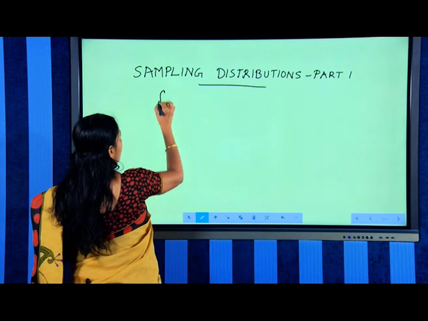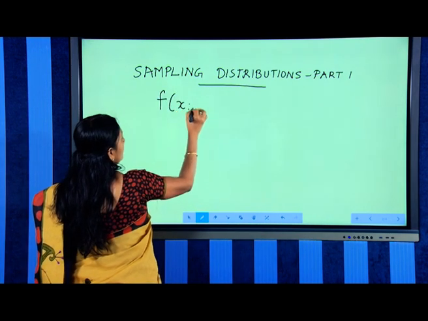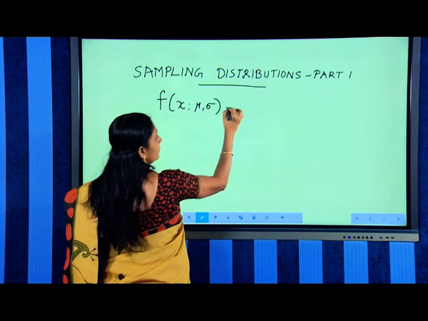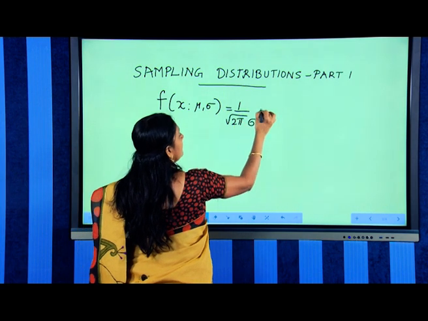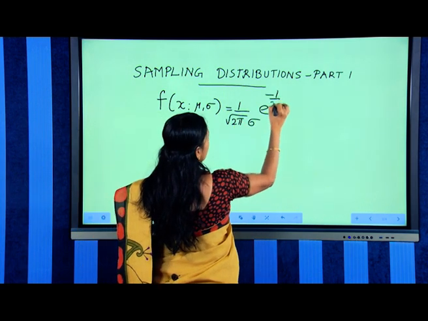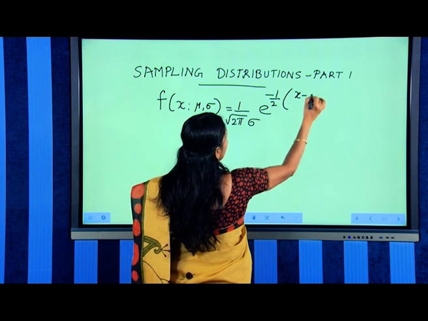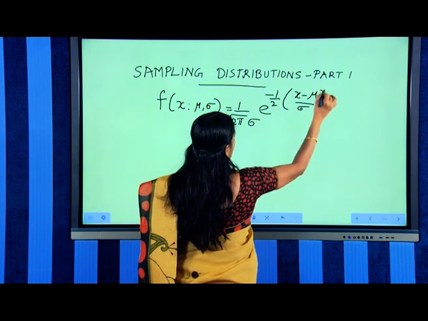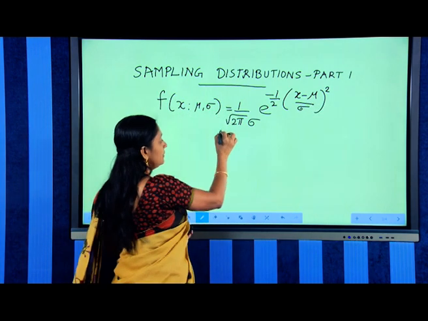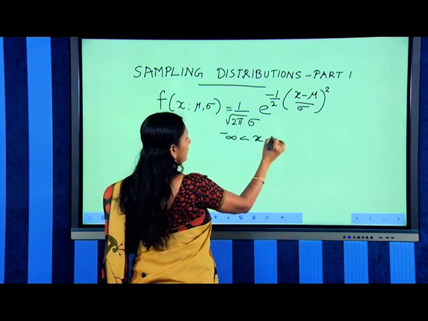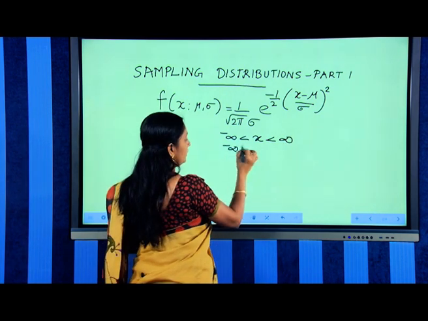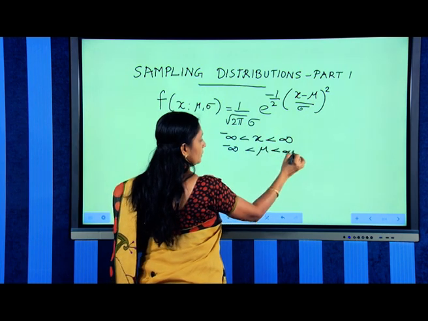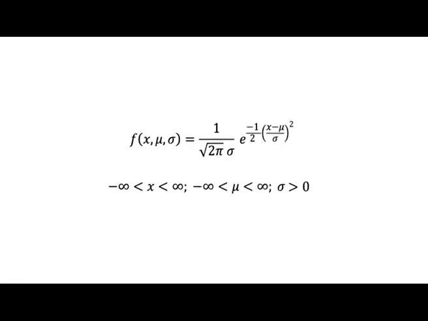It is f of x given mu, sigma is equal to 1 by root 2 pi sigma e raised to minus 1 by 2 x minus mu by sigma the whole square, where minus infinity less than x less than infinity, and the parameter mu is between minus infinity and infinity, and the parameter sigma is greater than 0.